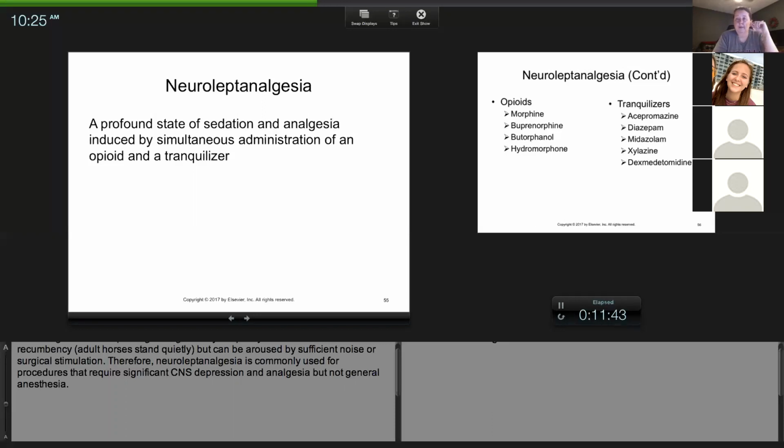I can give a very high dose of oxymorphone and midazolam, and actually induce anesthesia that way. So neuroleptanalgesia just means you've given usually a tranquilizer and an opioid, but there is also a way to do that to induce anesthesia in critical patients.